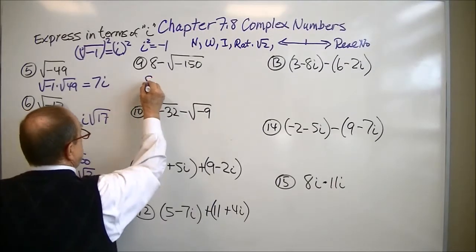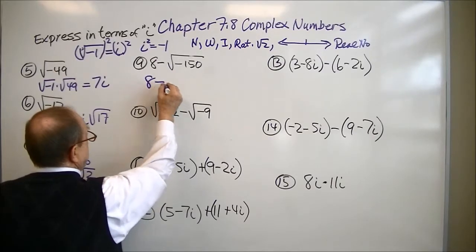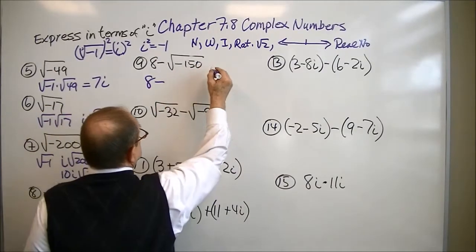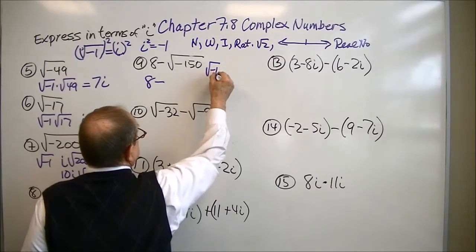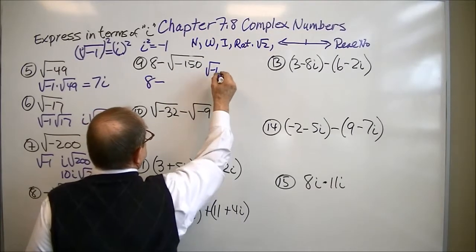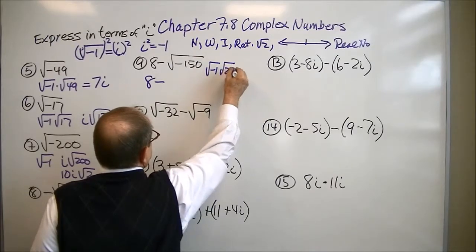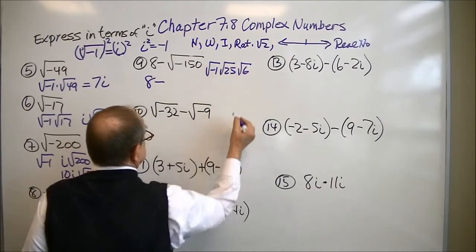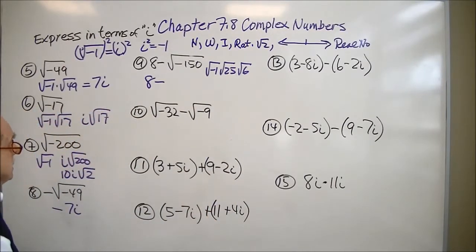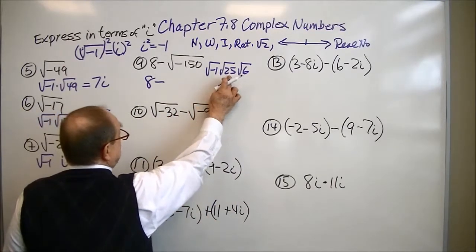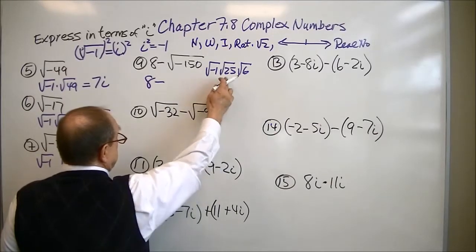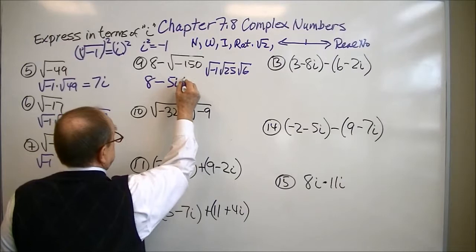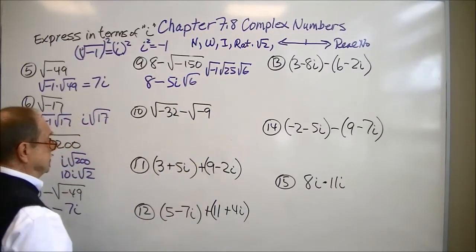So here we have 8, now that's going to be a minus. Now here, you recall this was the square root of negative 1. That takes out the i. Then it was the square root of 25 times the square root of 6. So the square root of 25 is 5, 5i times the square root of 6.